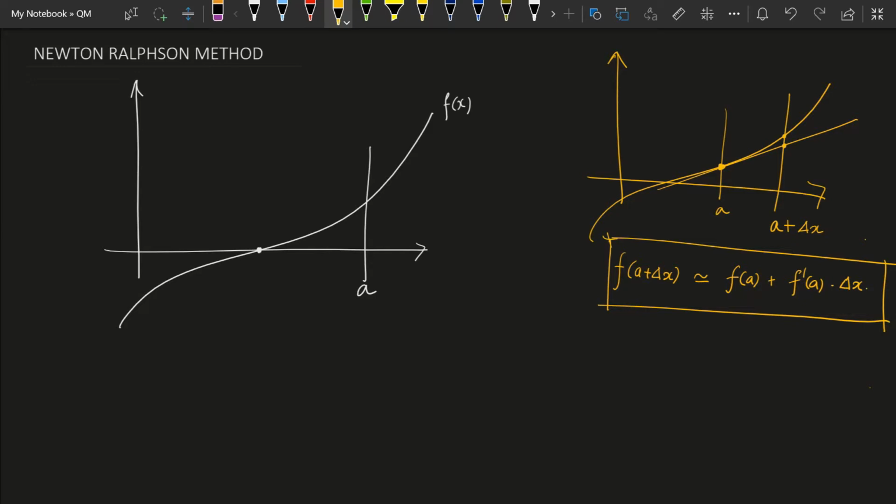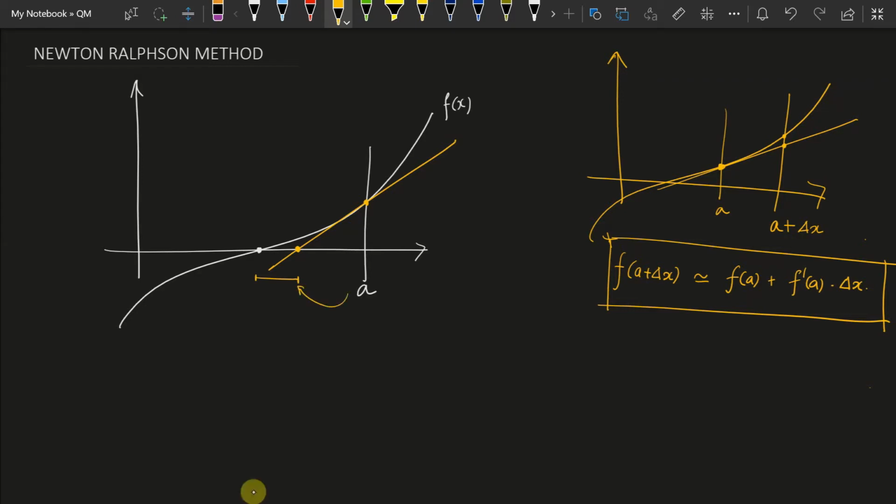Okay, yeah. So the same thing is actually true in the opposite sense also, right? That is, if I draw a tangent out here, the point where the tangent intersects will be a very good approximation to the root of this function. So our idea is we start with some random point and we draw a tangent at that random point and we find the point where the tangent intersects the x-axis.